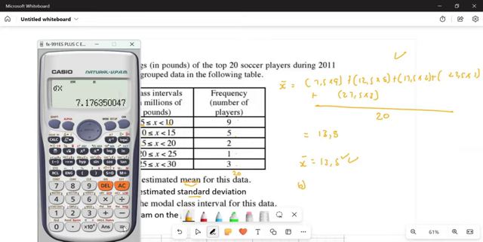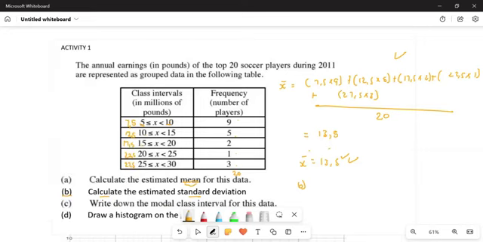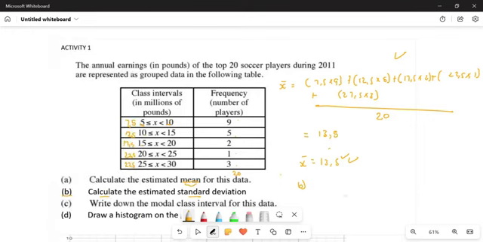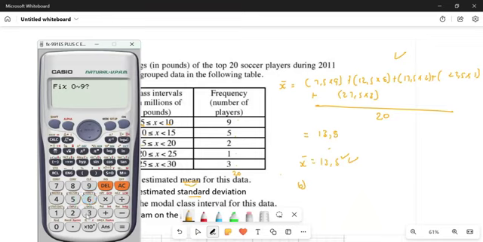Our standard deviation is 7.17. Like, if you don't know, guys, write off your calculator to 2 decimal places. You can simply go to shift mode and then fix your calculator. You press 6, and then you say 2 decimal places. It says it's 7.18.